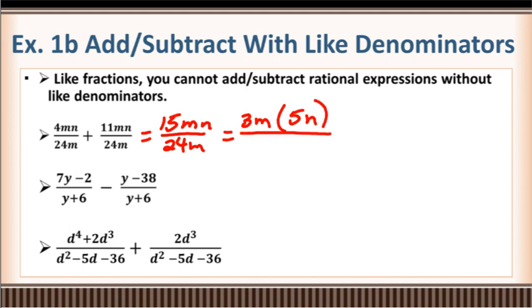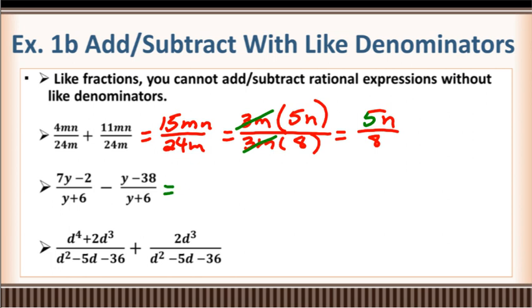And in the denominator, I can also take a 3m out, and that would leave me with 8. So when I'm factoring, I'm just looking to see if there's a common factor in both the numerator and denominator. In this case, 3m is what's in common. They divide each other off, and I'm left with 5n all over 8.